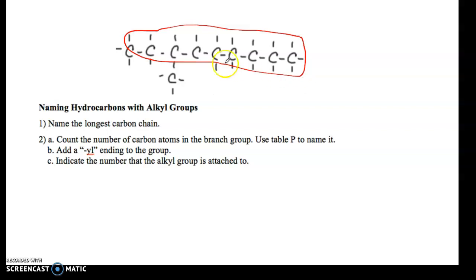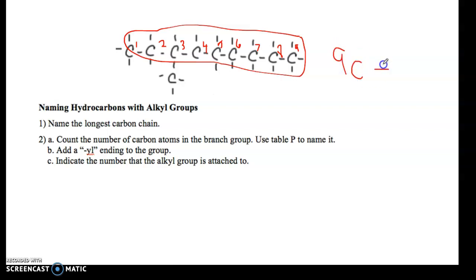So it has 1, 2, 3, 4, 5, 6, 7, 8, and 9. Not my best numbers, but viewable. So I have 9 carbons.